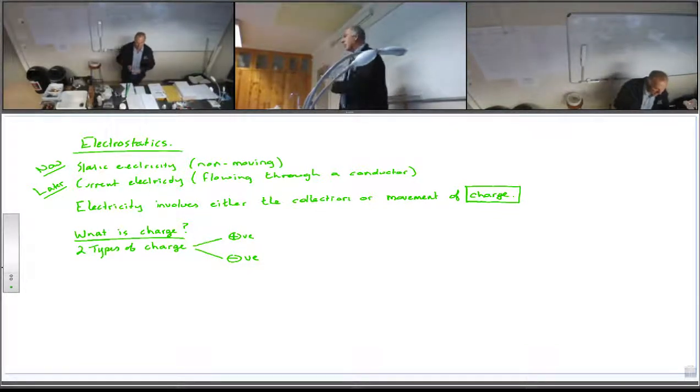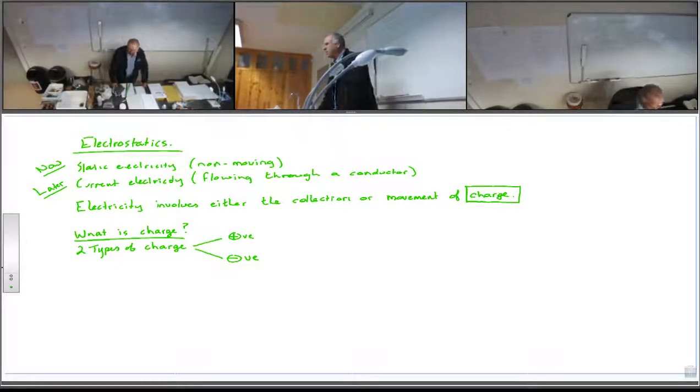Has anyone ever seen charge? No. What would be another way of talking about charge? Up and down? You get up charge and down charge? Would that be one way of describing two different types of something that you've never seen? You know they're different, but you're not too sure what they are. Give me another way of doing it. We know obviously positive and negative was how they settled on it. What about north and south charge? Same with magnets.